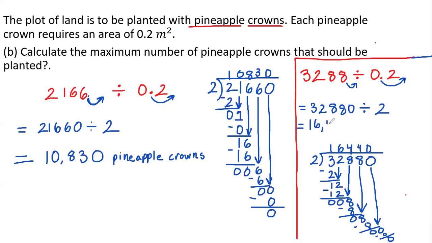I got 16,440. Did anyone else get that? I got it. I missed that 0. I was so close. All right, anyone else got that? Let me know, please. Put I in the chat if you got this. 16,440.